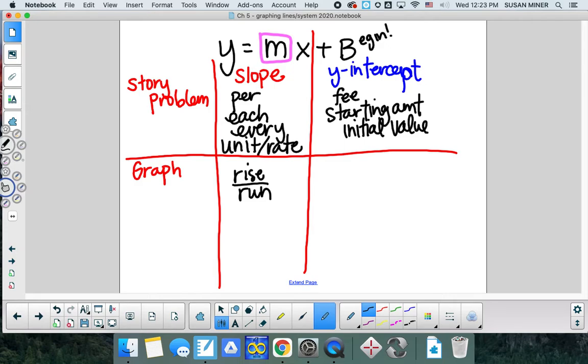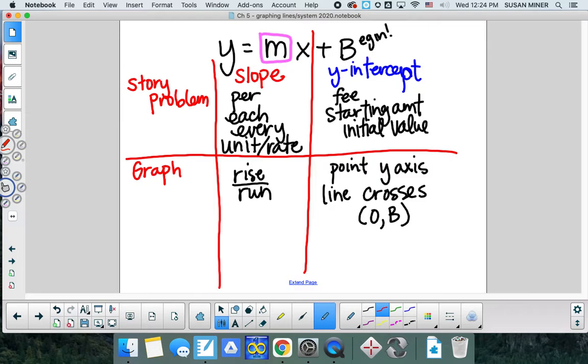And if I want to identify the y-intercept, I look for the point on my y-axis that my line crosses through, some point where x is 0. So on a graph, that's what I'm looking for: that point where my line crosses through the y-axis.